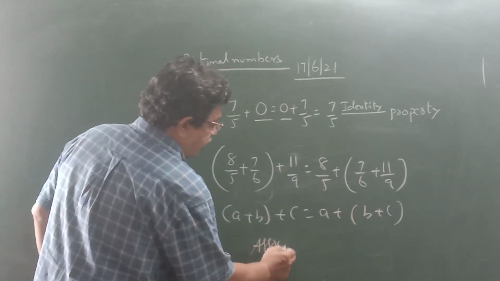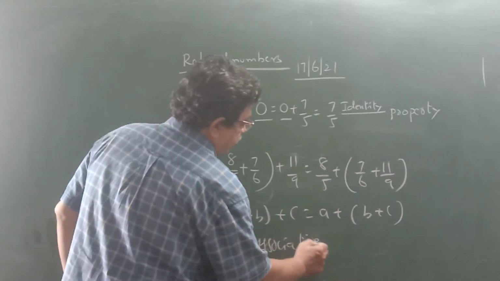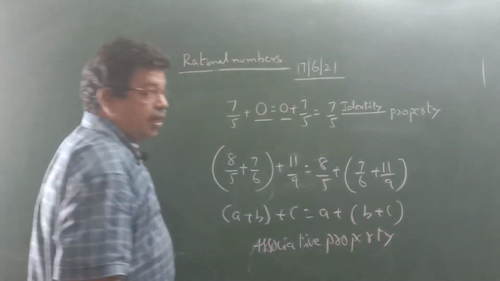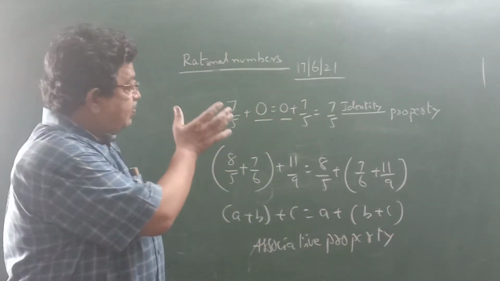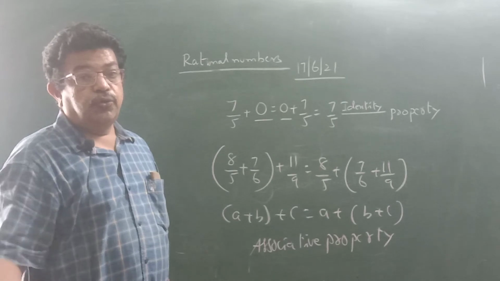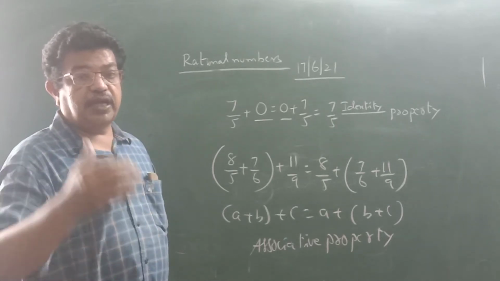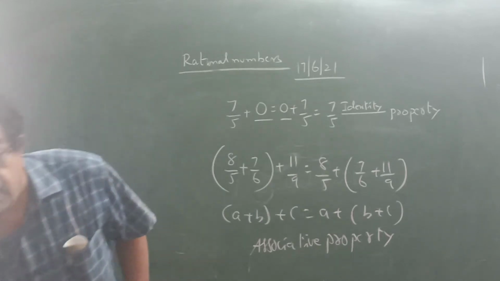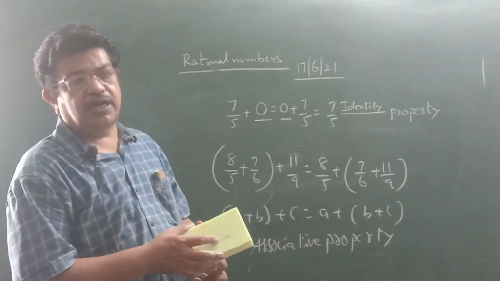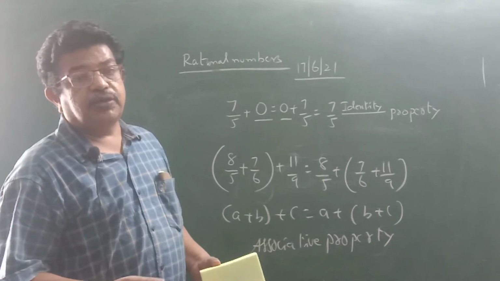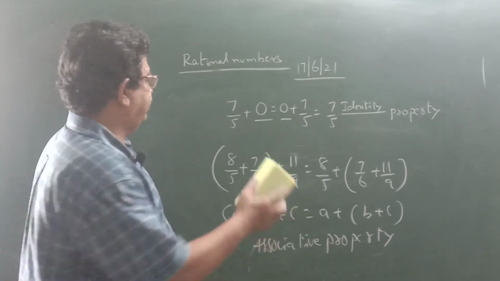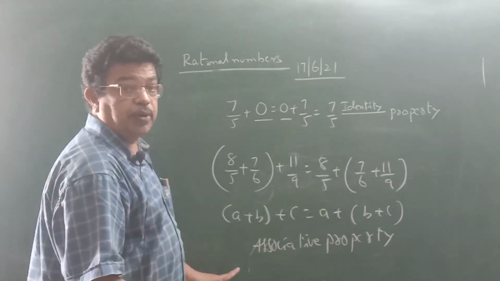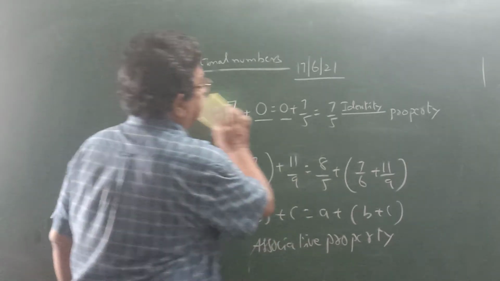Associative property under addition. So by observing the given values, we can say whether the numbers are satisfying a particular property or not with respect to a particular operation. Generally we come across addition and multiplication only; in rare cases you come across subtraction and division. So this is the additive identity property and this is the associative property with respect to addition.